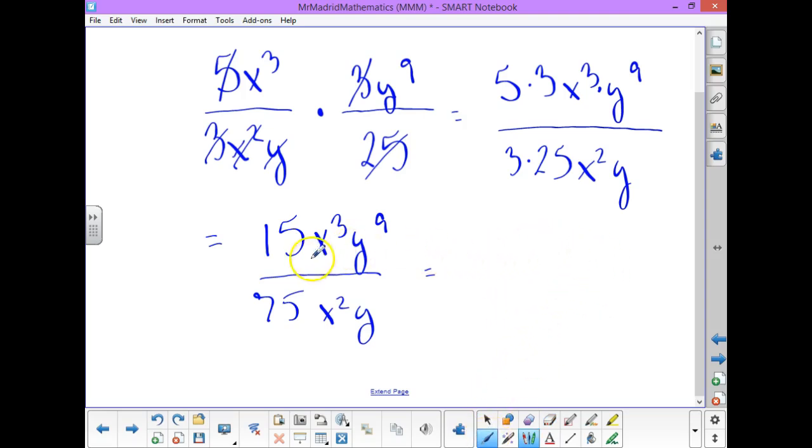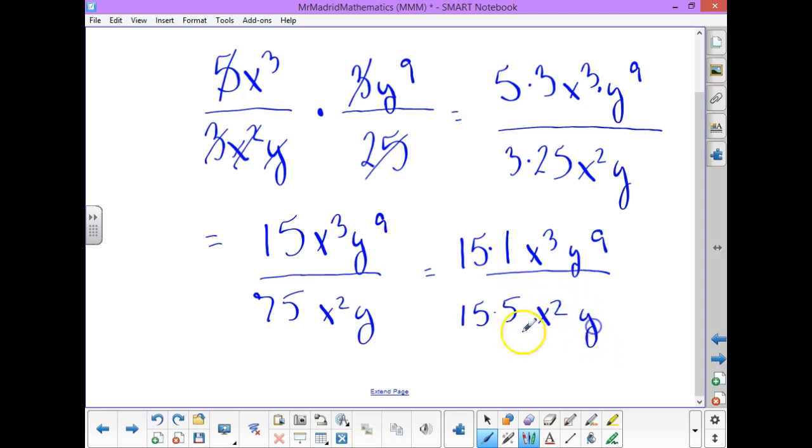So then 15 times 1 is 15, 15 times 5 is 75. Let me rewrite it this way: 15 times 1, x cubed, y to the 9, and this one is 15 times 5, x squared y.